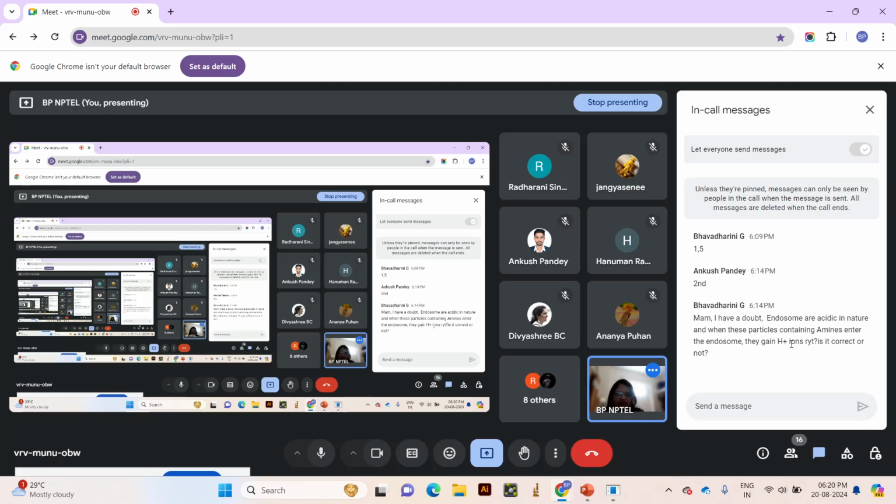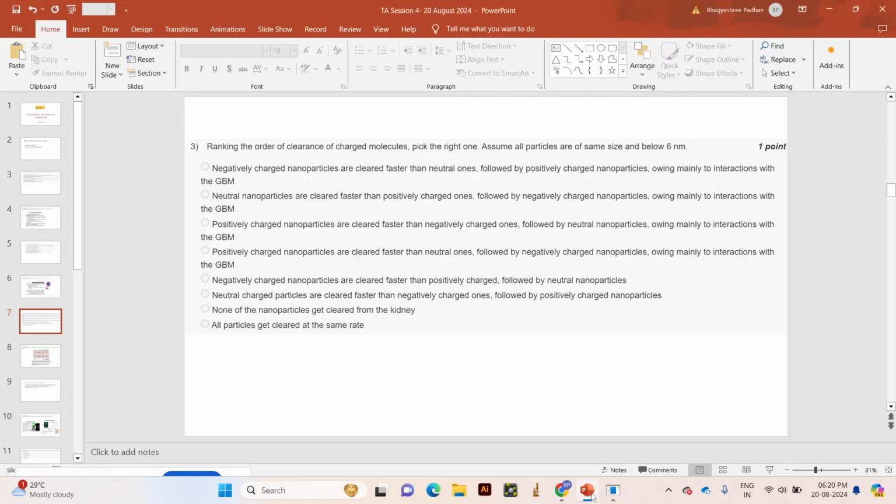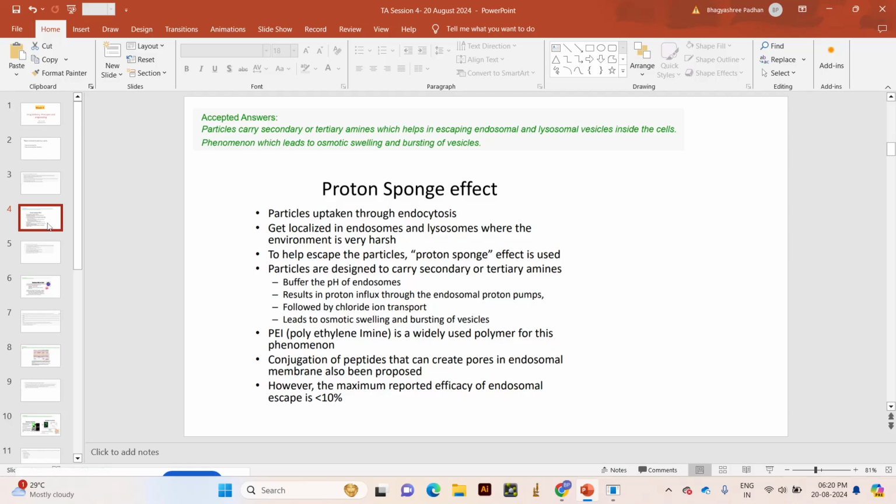Yes, they take up H plus from there, which is how they buffer this system. It will result in more proton influx to balance whatever ions are lost from the compartment.